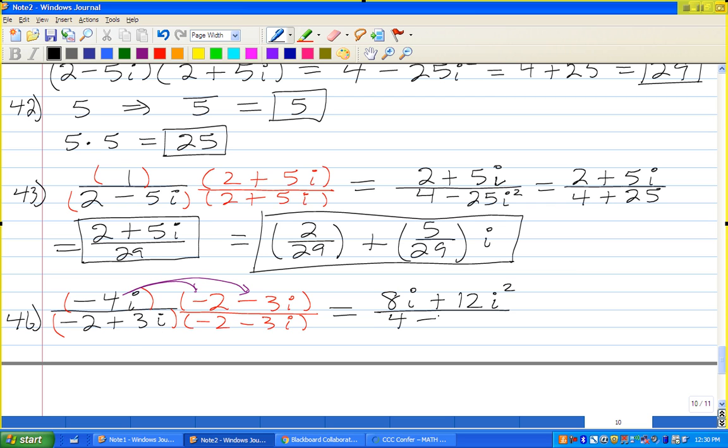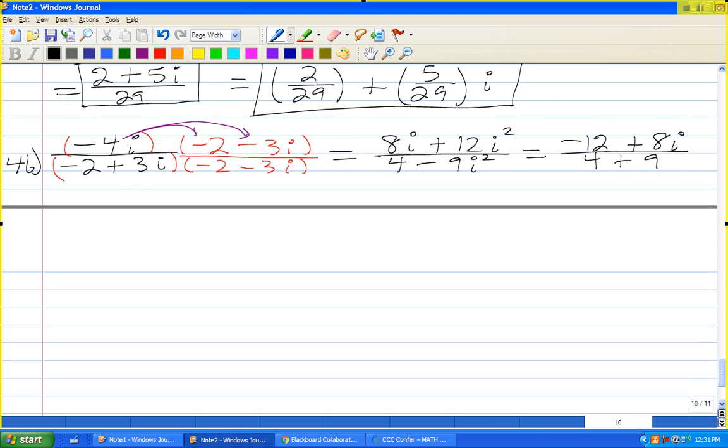Positive times negative is negative, 3i times 3i is 9i squared. Use the fact that i squared is negative 1. And so the positive 12i squared becomes negative 12. The 8i remains the same. The negative 9i squared becomes, well, positive 9.